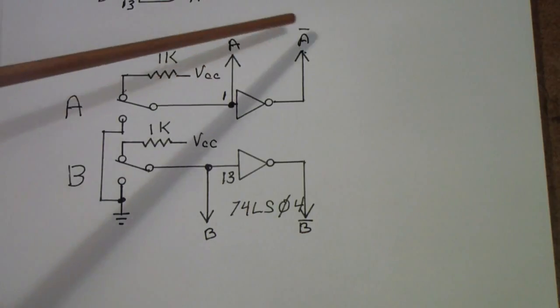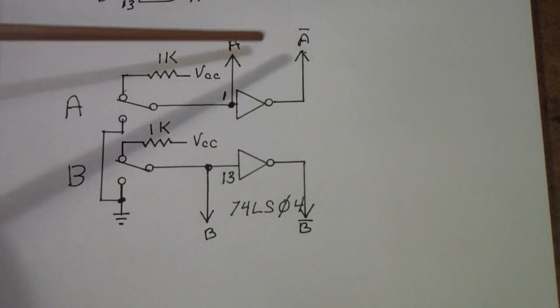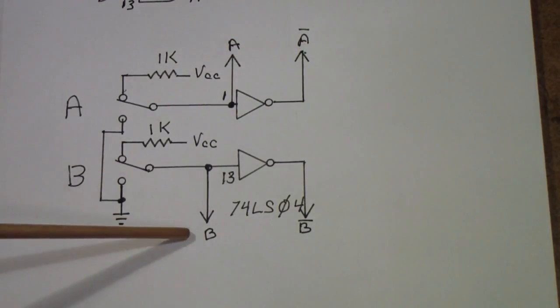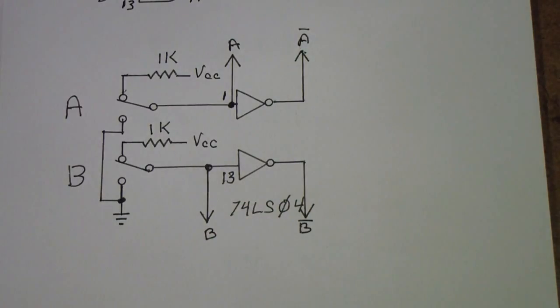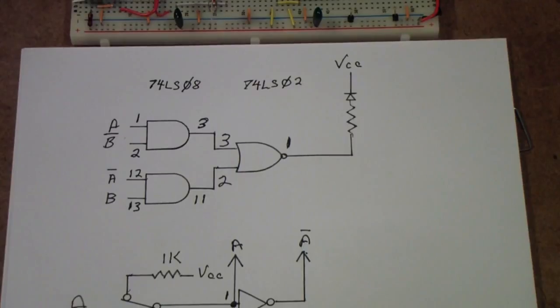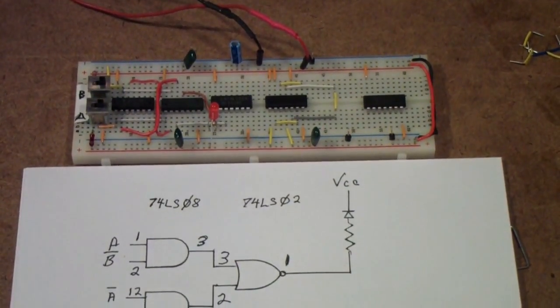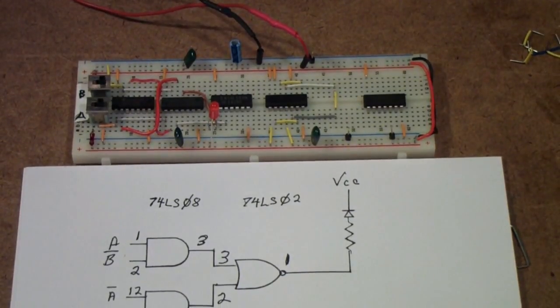If A is true, A bar is false, and vice versa. So I then connected A and A bar and B and B bar into the circuit above. And that resulted in the breadboard that you see here.